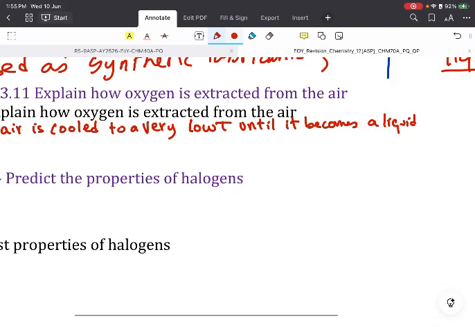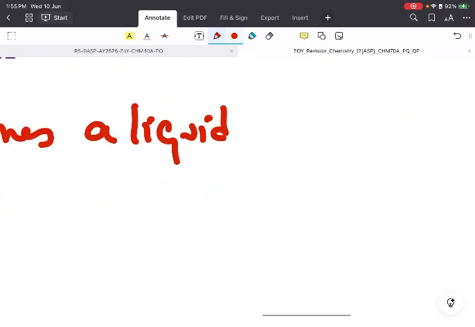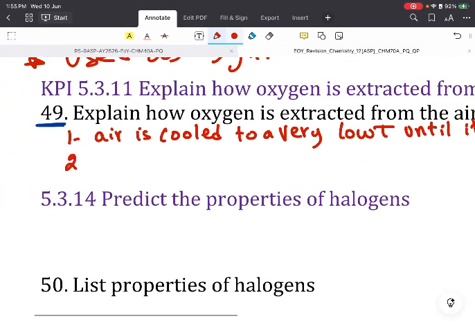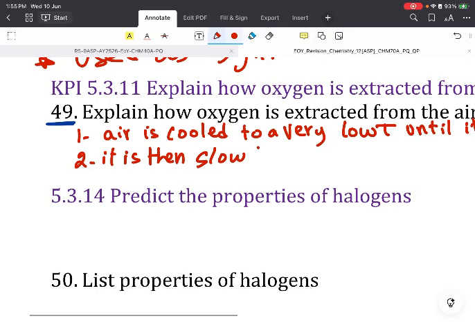That's step one. This is what we call liquid air, or we liquefy the air. Then in step two, it is slowly warmed. It is warmed in a very slow way.